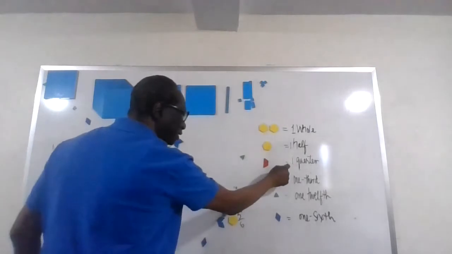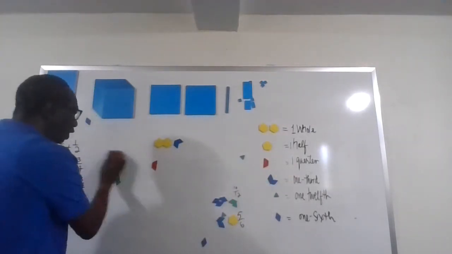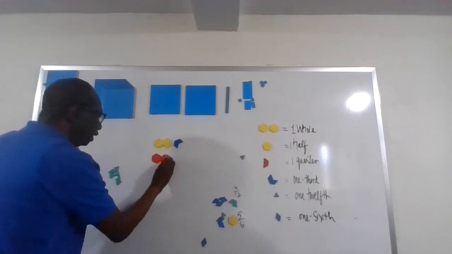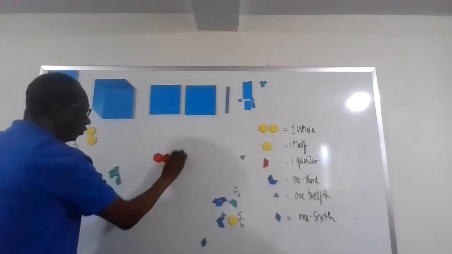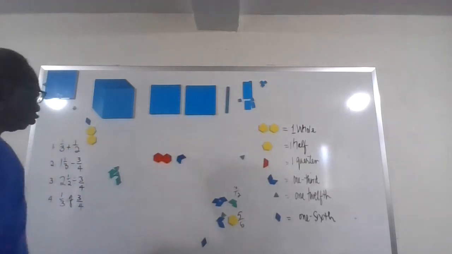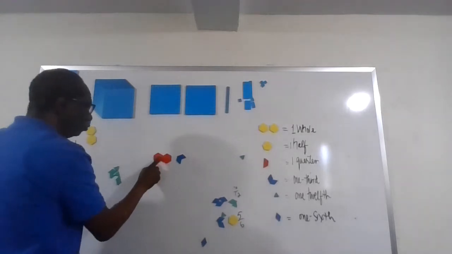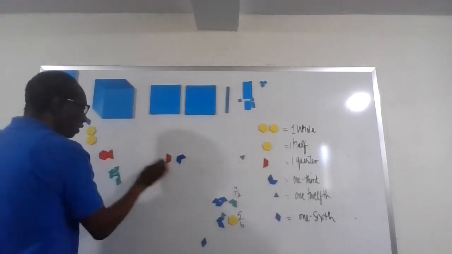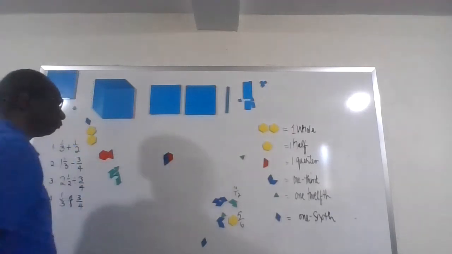I know that that is a 1/4. So 4 of them, I'm going to do a simple trade. I'm trading the whole for that. So this is my new representation of 1 1/3. Now I need to cut off, subtract, take away 3/4. 1, 2, 3/4. This is my answer. That's my answer.